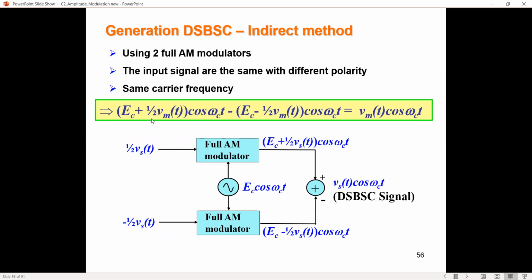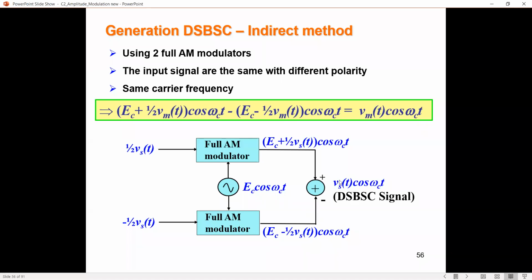So the first input signal, VST or VMT, is multiplied with our full AM modulator, then we have our full AM signal. And for the one below, our carrier is multiplied with this inverted VST, then we produce EC minus VST times cos omega CT.